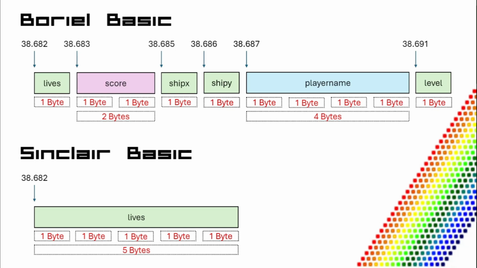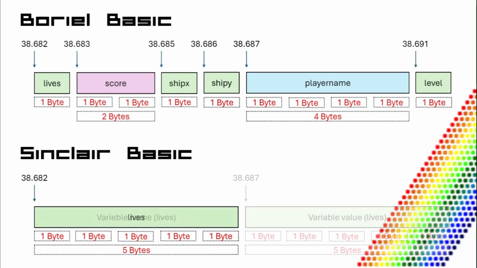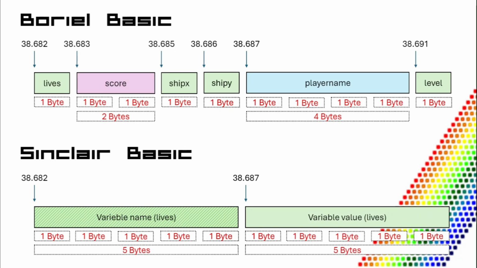They are stored in floating point format, which means they lose precision when the value is very large or when it has many decimal places. In addition, as already mentioned, the variable name is also stored. In this case, 5 more bytes since lives has 5 letters.